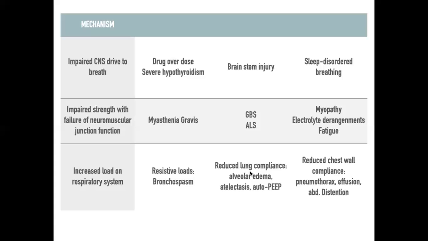Now, lung compliance, on the other hand, would be reduced if there's edema in the alveolar sacs, if there's collapse of your alveoli, or in mechanically ventilated patients, if you have auto-PEEP. There's resistance in the respiratory system if the airways go into spasm. That's bronchospasm, usually observed in severe asthmatic attacks or in exacerbation of COPD.